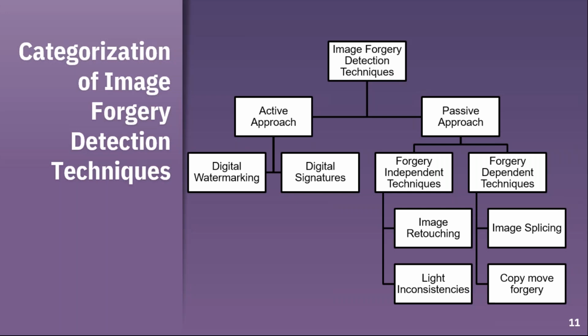In the case of the passive approach, we do not have any particular set of images which we need to protect. It's all the images which are being shared or available on the internet. We just need to detect whether they are modified or original.